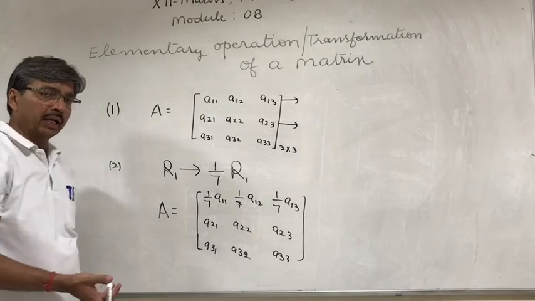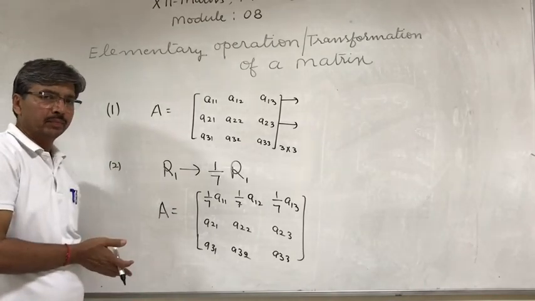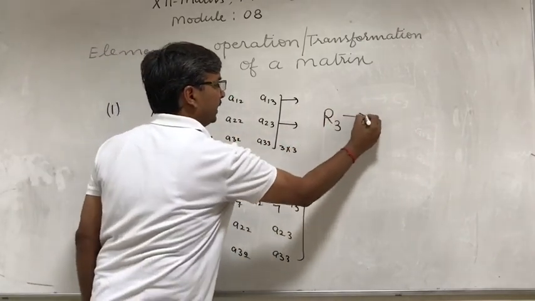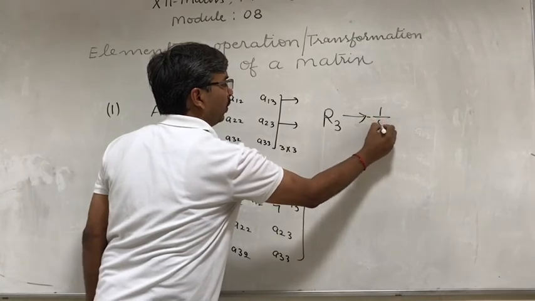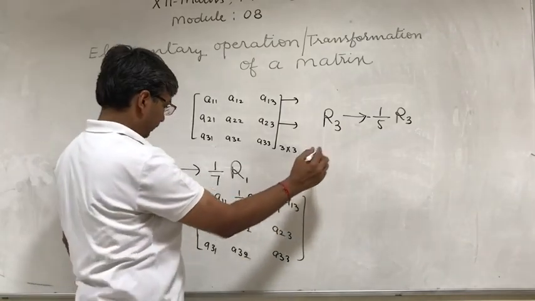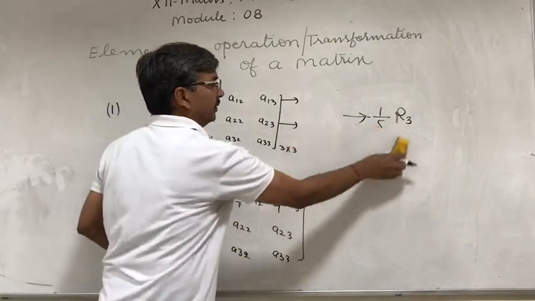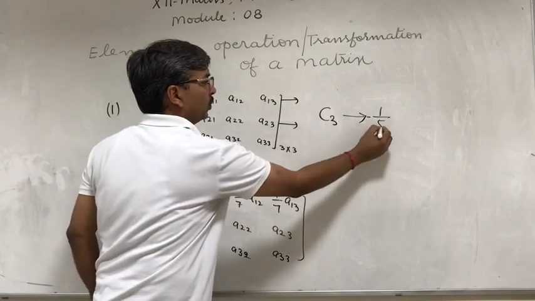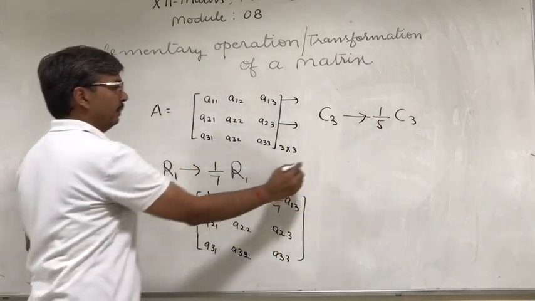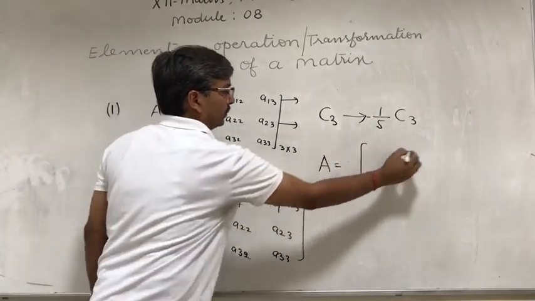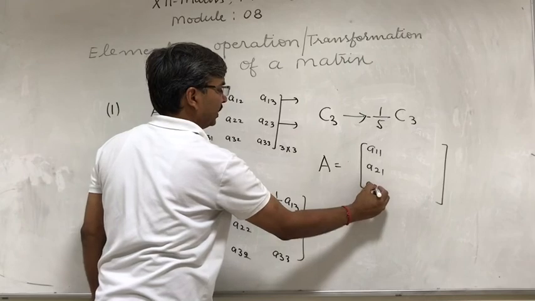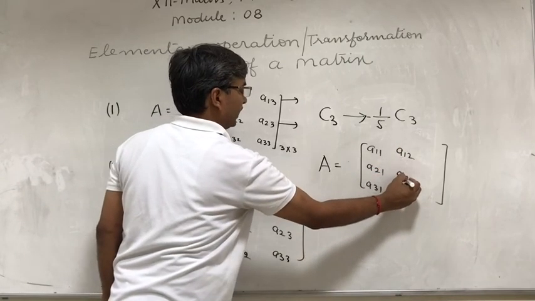And the same we can apply with respect to column. If we want to change its column 3, C3 change to -1/5 C3, then this matrix will become equal to A11, A21, A31, A12, A22, A32.